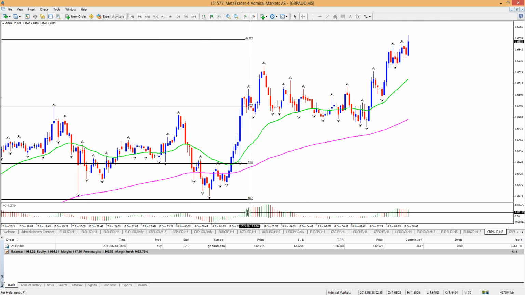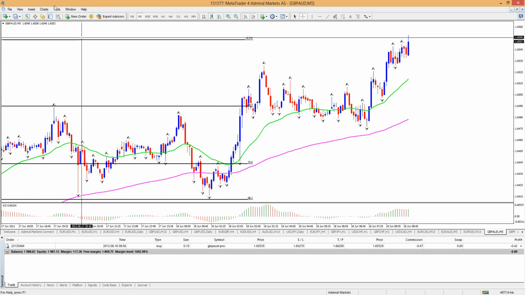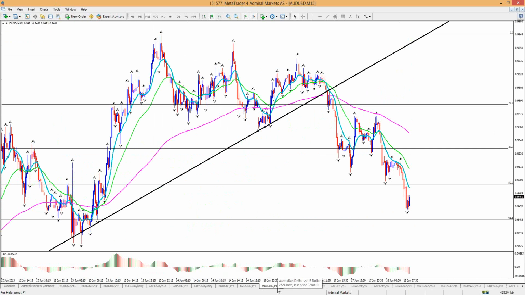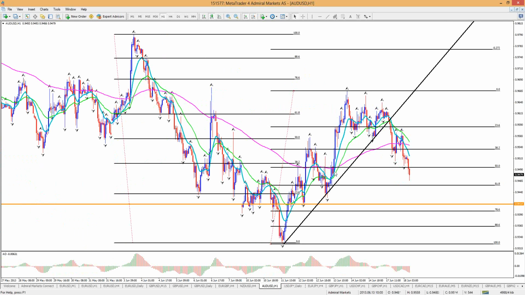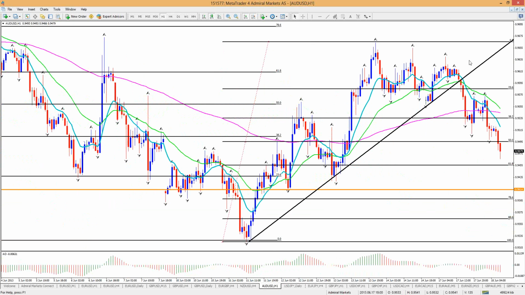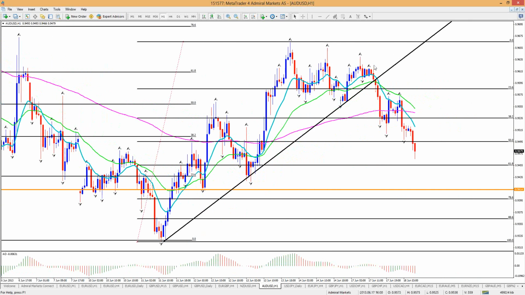So let's see. The odd dollar has made a nice break indeed. Actually, I was more focused on the euro odd and euro CAD, as I said, but this too could have been a good one.